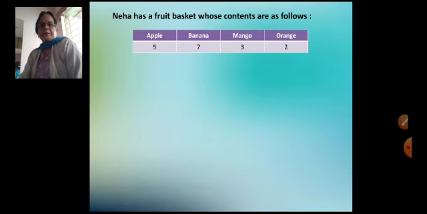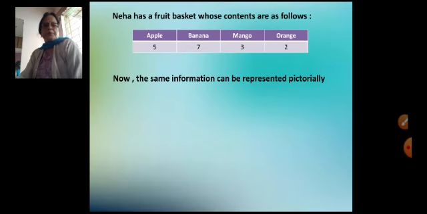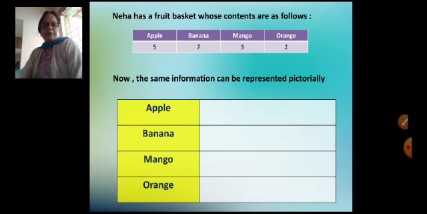Here is an example. Neha has a fruit basket whose contents are as follows: apple 5, banana 7, mango 3, orange 2. Now, the same information can be represented pictorially. Apple 1, 2, 3, 4, 5: 5 apples.